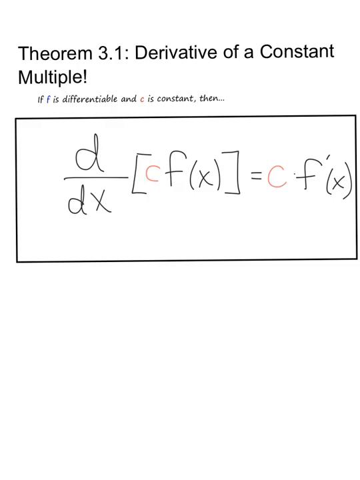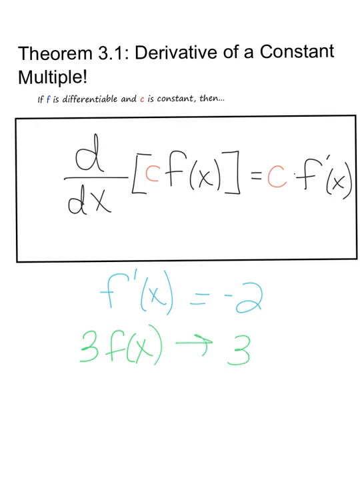So for example, we looked at the derivative of f of x at a point. Let's just say for easiness it was equal to negative 2. And then on the last page before this, we multiplied that function by 3. And what we did notice was that the derivative was just 3 times greater than at that point.